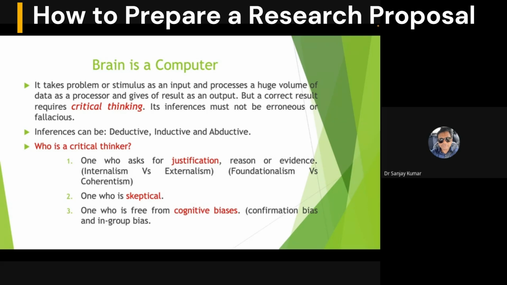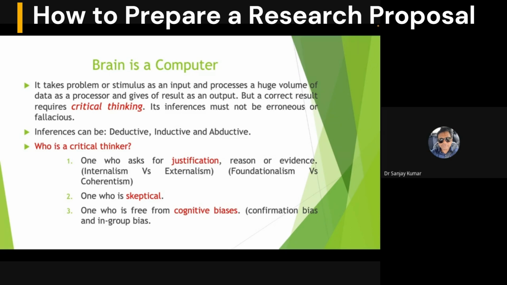She will continue to gather evidence in support of her diagnosis, and she will continuously ignore, or simply not notice, the other evidence that refutes her diagnosis. So this is one example of bias.